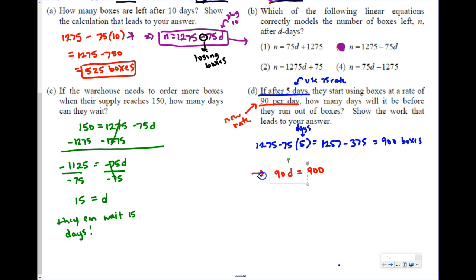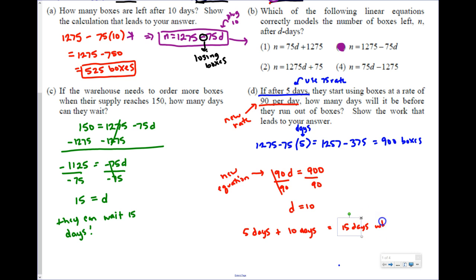So I've got this new equation for this new rate. Now all I have to do is solve for D, divide both sides by 90, and I get that D equals 10. That's not my final answer, because it originally took me 5 days with my original rate, plus the 10 days left with the 900, so 15 total days when I run out of boxes.